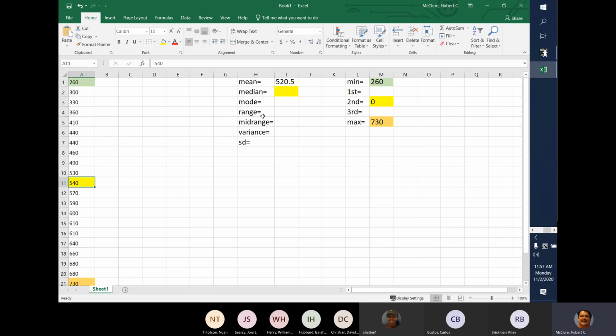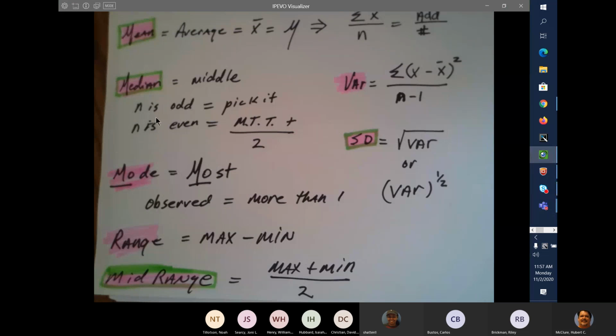Because n is odd. And when n is odd, you just find the middle and you pick it. So 21, you count down 10 numbers, the 11th number is the center.